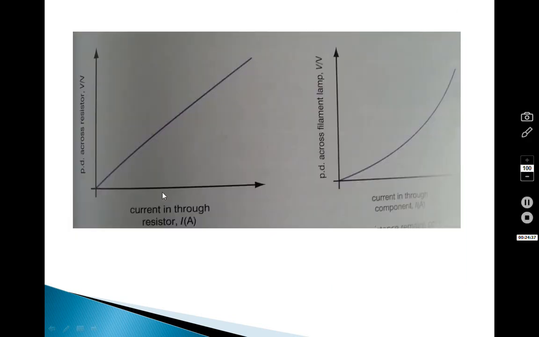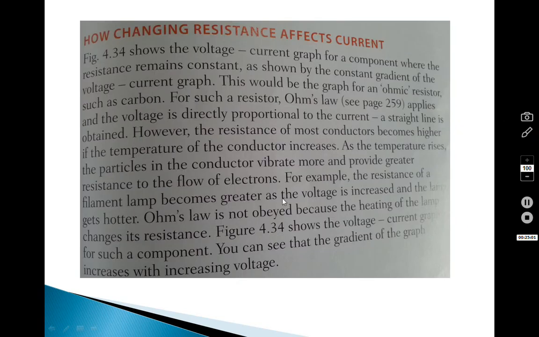As we can see here, this is the relation between the current and the voltage. This is the current and this is the voltage. The relation between current and voltage depends on what we said in the last paragraph.